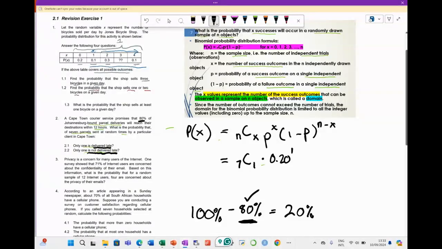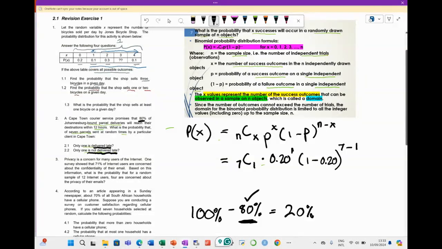So X here is 1, all right? Then here we're saying 1 minus P, which is 0.20, which will obviously then give us 0.80, but we'll get there. Then n we know is 7 minus 1.